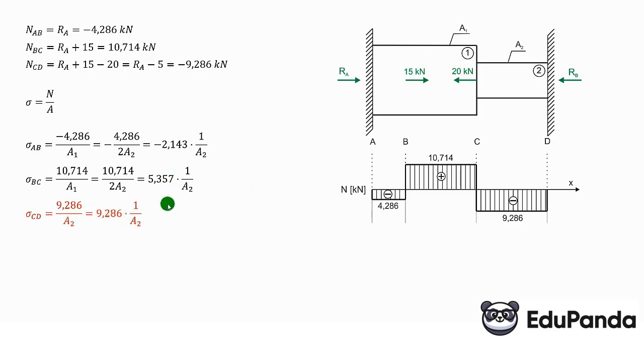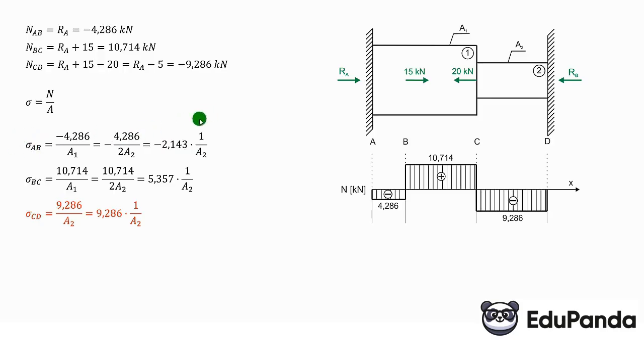Here the sign does not matter. For instance, if there were stresses in interval AB, let's say minus 11 divided by A2. Here there isn't really a final unit yet. Well, the stresses will be in pascals, but we haven't set the cross-sectional area.